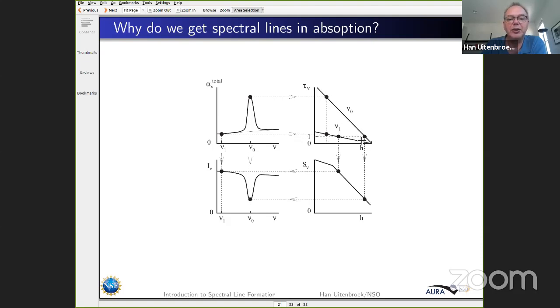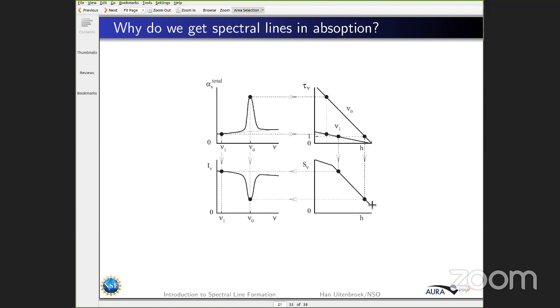You would have mu between 1 and 0. And so you would sample this curve at slightly different positions. For instance, if you would look at a mu that is slightly less than 1, you would sample even lower temperatures, so your line would actually become a little bit deeper.